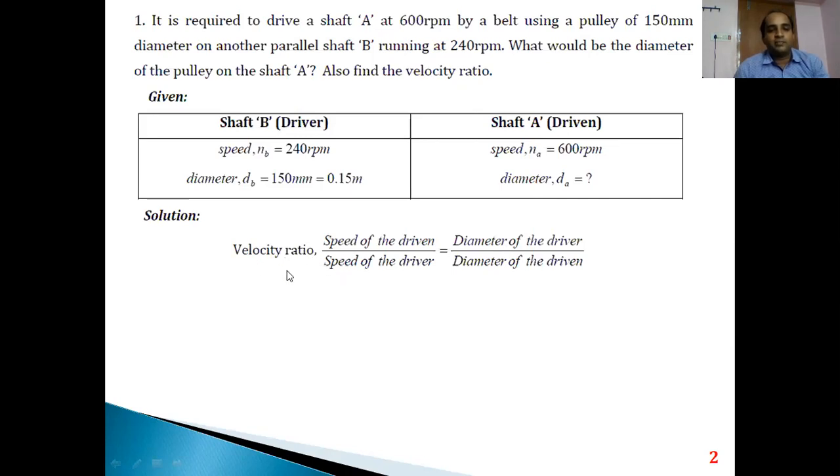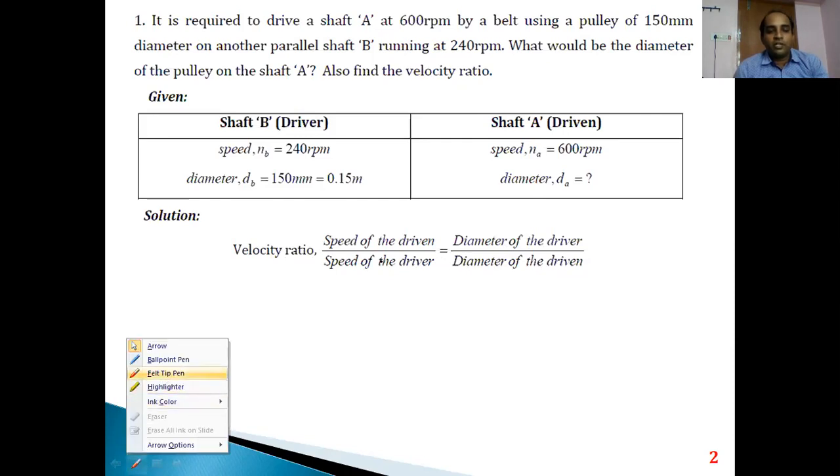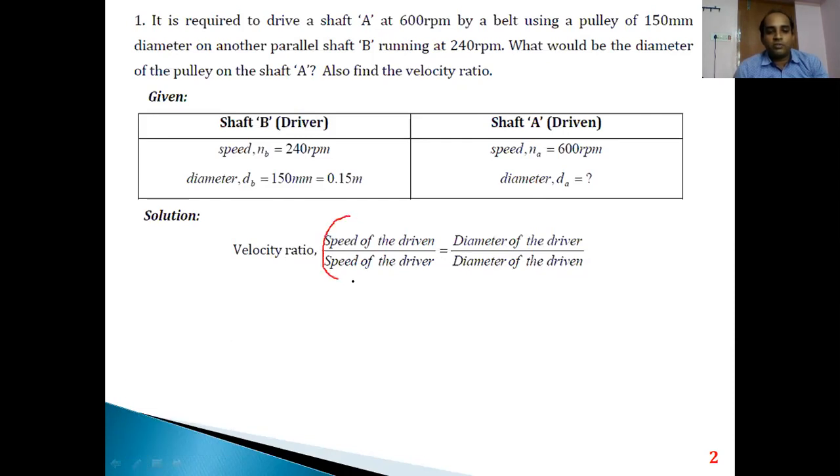Always it is nothing but the speed of the driven pulley to the speed of the driver pulley, which is equal to the diameter of the driver pulley to the diameter of the driven pulley. You should remember this equation correctly. If you are able to remember this, automatically you will get the correct solution.